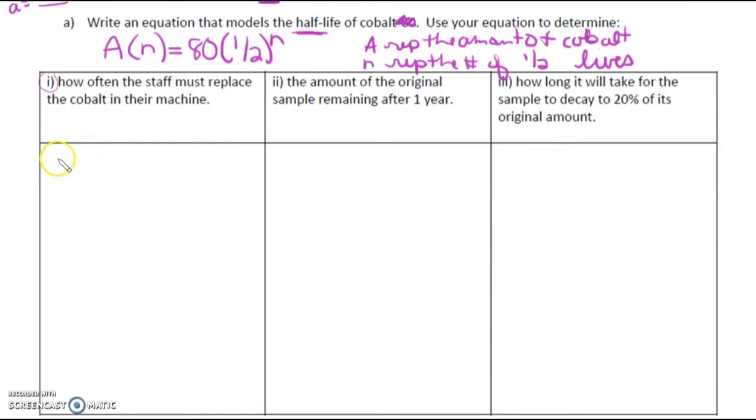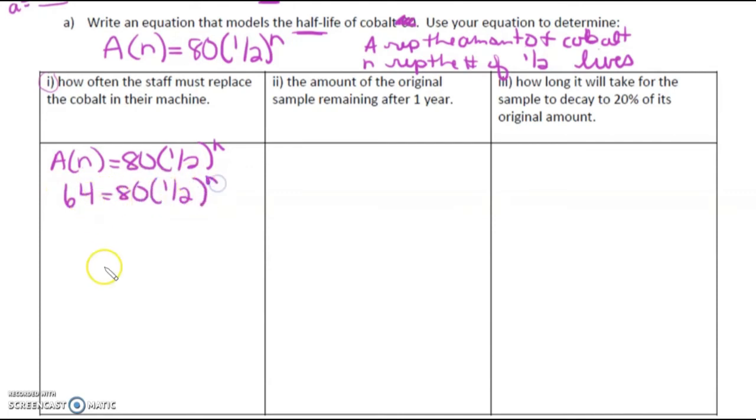So we have the amount after n compounding periods is 80 times a half to the n. We know that we must have 64 left in the machine, so we can sub in 64 and then just divide out the 80. We're left with 0.8 equals 1/2 to the n.